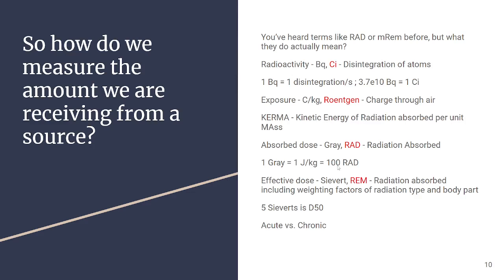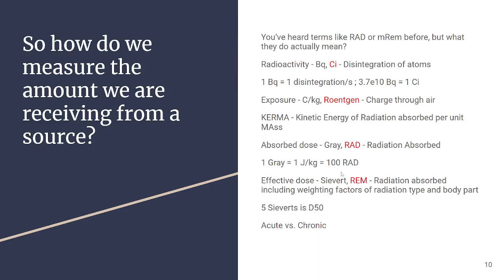And then the US, it's just 100 rads. I don't know why we had to change it. 100 rads, 1 gray, but that's how we measure it. So this is what is actually being absorbed into your material. So if you're absorbing 1 joule per kilogram of beta radiation, you got 1 gray.